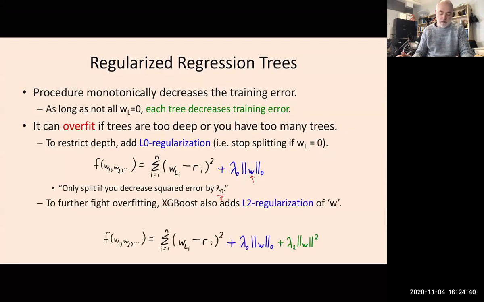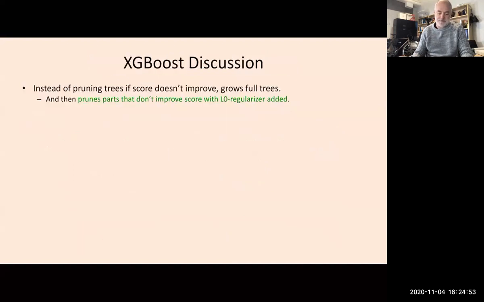And in order to further fight overfitting, you can actually downweight or try to shrink the parameters W, as we always do. Okay, so this is what the XGBoost objective looks like.